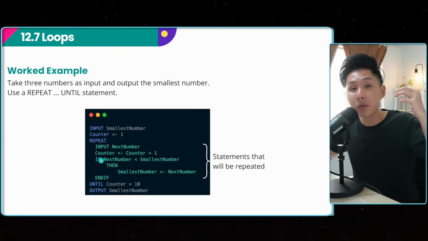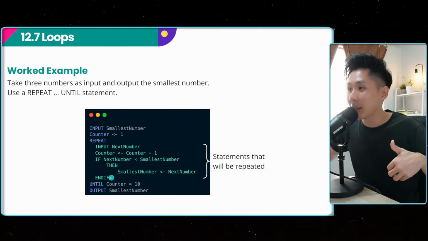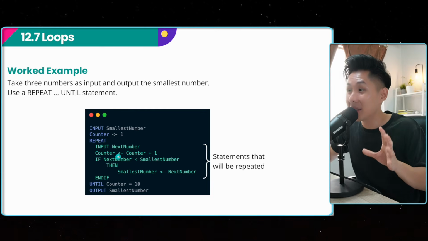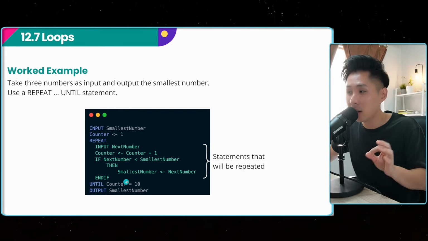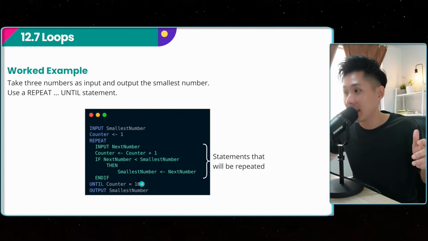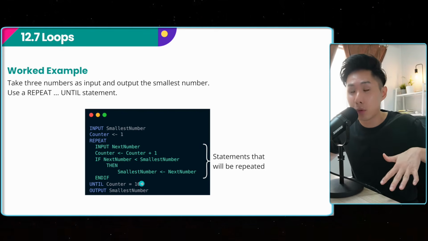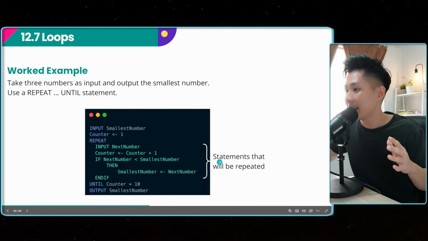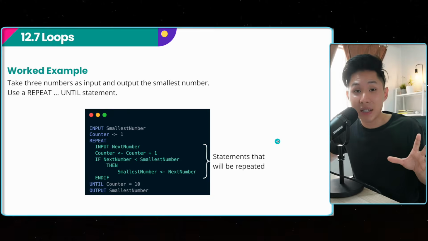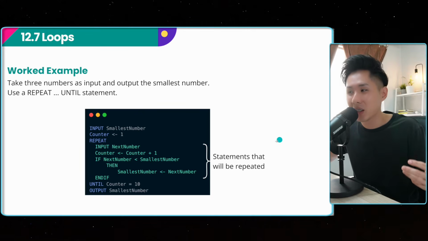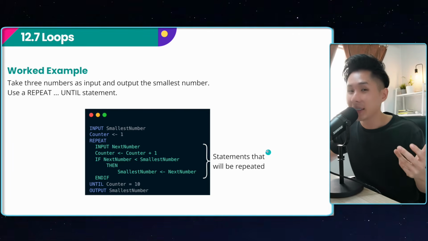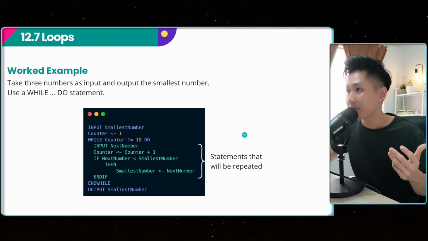So instead of moving to the next line of code, it will just keep going back to the code under the repeat statement until counter equals 10, then the program will stop repeating itself and it will output the smallest number. So that's how we write a repeat until statement. And it's powerful, right? You can repeat 1,100 times without repeating the statement again and again.